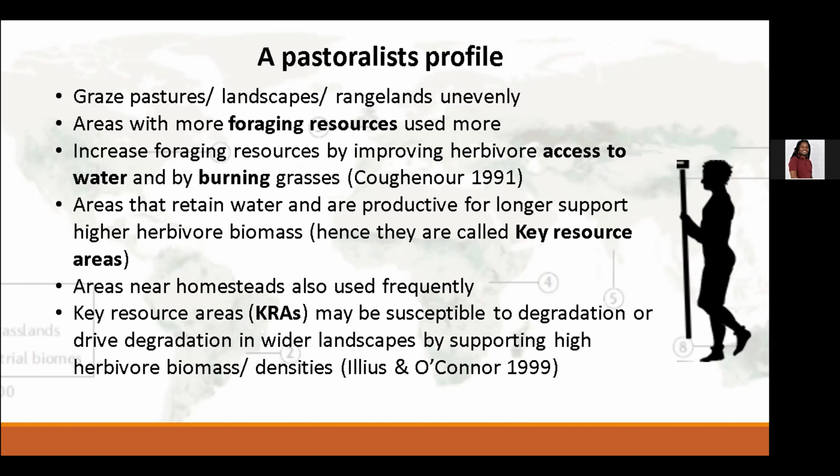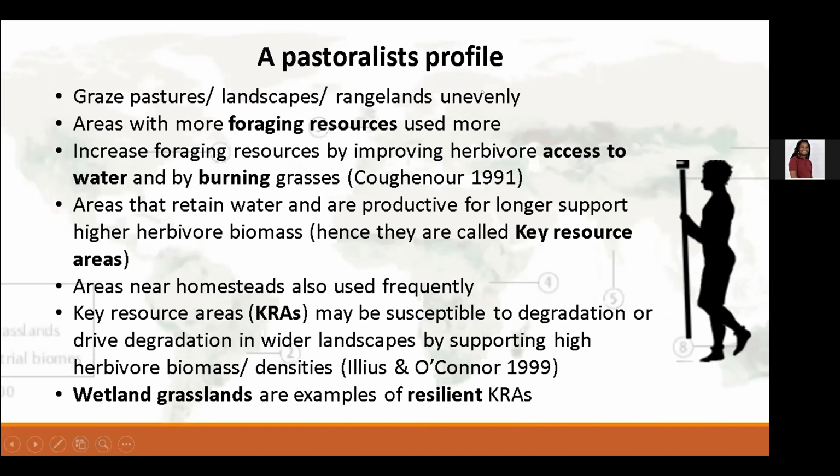And one of the things is that key resource areas are likely to be susceptible to degradation, or they could drive degradation in the wider landscapes because they can support high herbivore biomass and densities. So this is one of the key areas that we have to think about when we analyze these dynamics.